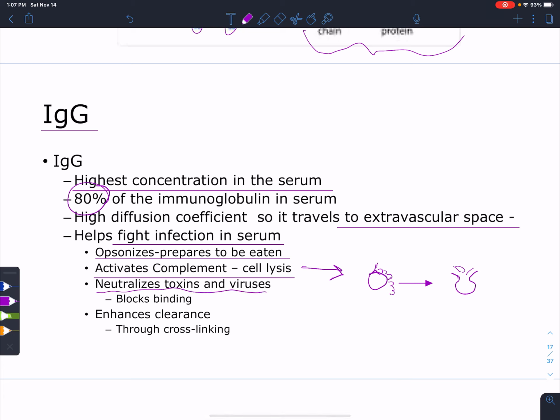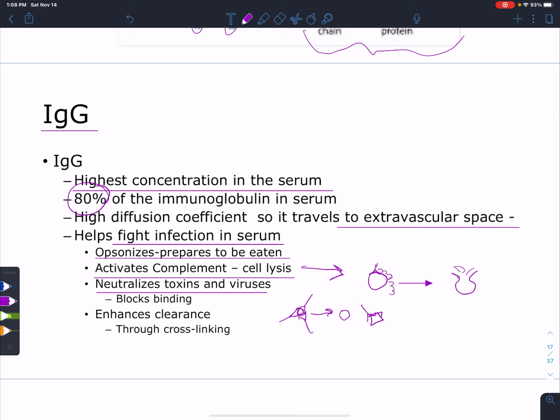Neutralizes toxins and viruses. So it blocks the binding. So here's this little toxin, and our antibodies find it, kind of cover it all up, and now this toxin can't get into whatever cell it's trying to get into. If it's a virus, the antibody coats it, inactivates it, and now that virus can't get into the cell it wanted to infect.